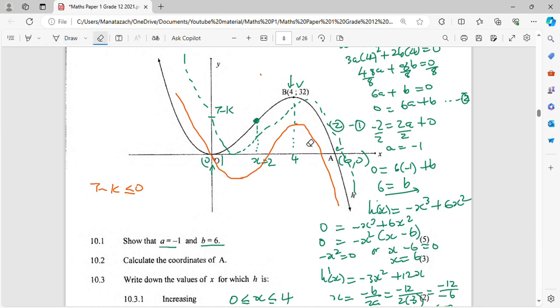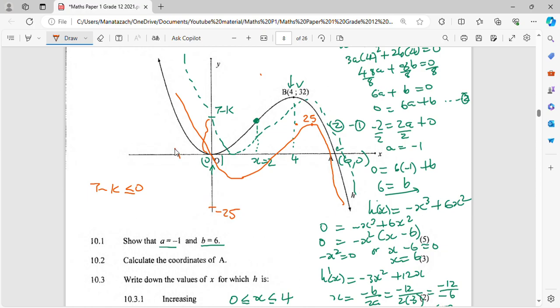Let me just fix something here. The graph is supposed to look something like this. The turning point already here, it's down by 7 units, so it's 25. Since my focus is really here on the y-intercept, this is 7 units, and then if I shift this further down, that will be minus 25.